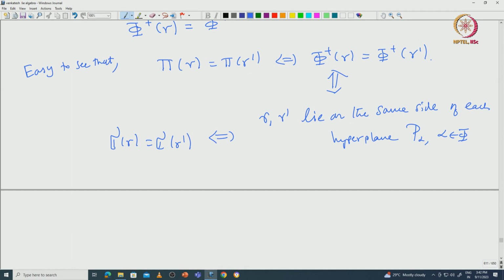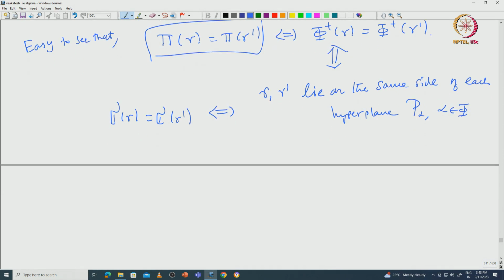So, if gamma and gamma dash come from the same Weyl chamber, then the corresponding pi of gamma and pi of gamma dash must be the same, and phi plus of gamma and phi plus of gamma dash must be the same. Since there are only finitely many of them, there are only finitely many of these Weyl chambers. If we fix some base, then the chamber corresponding to that fixed base will be called the fundamental Weyl chamber.